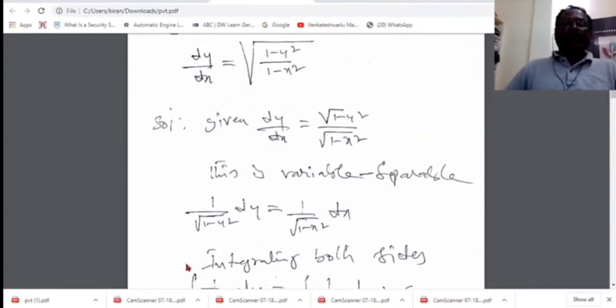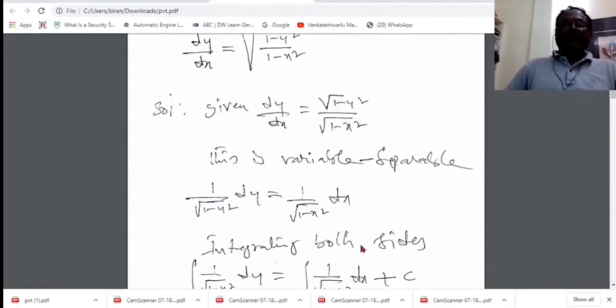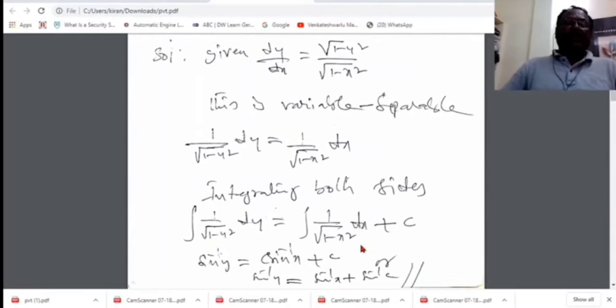So now, integrating on both sides, integration of 1 by square root of 1 minus y square into dy is equal to integration of 1 by square root of 1 minus x square dx plus c, where c is an integration constant.